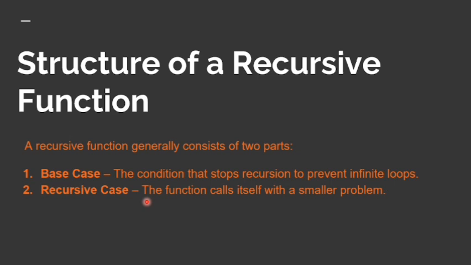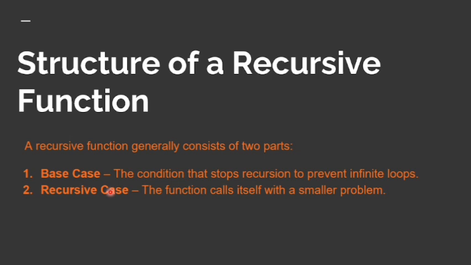Structure of a recursive function. To work with recursive functions, we also have to know the structure of a recursive function and how it works. Basically, a recursive function has two major things: the base case and the recursive case. The base case is the condition that stops the recursion.